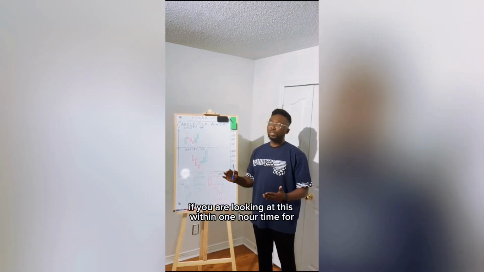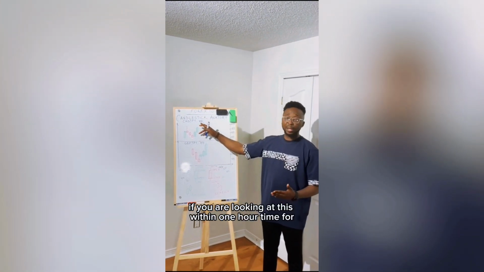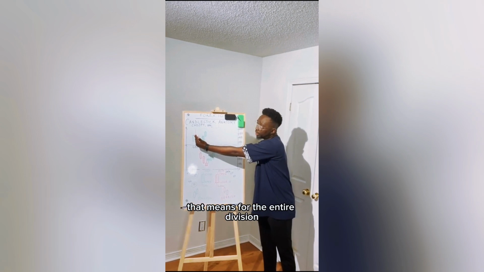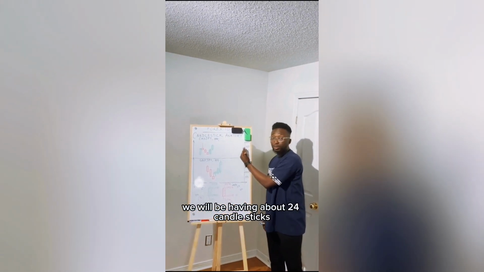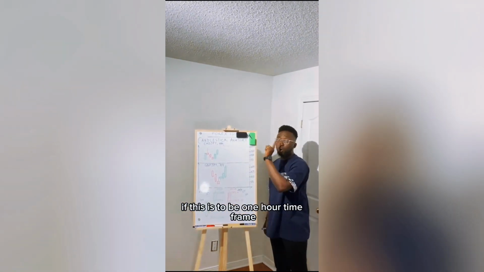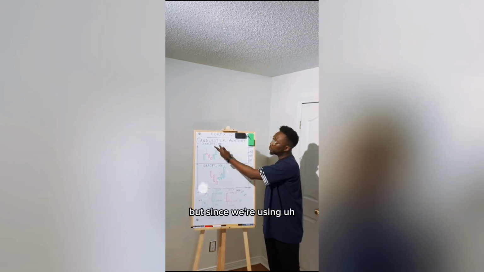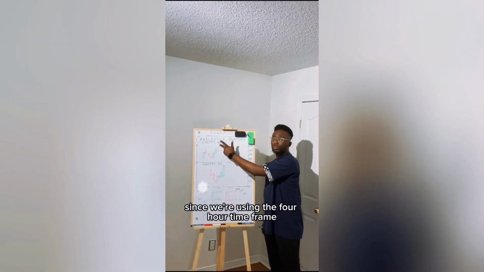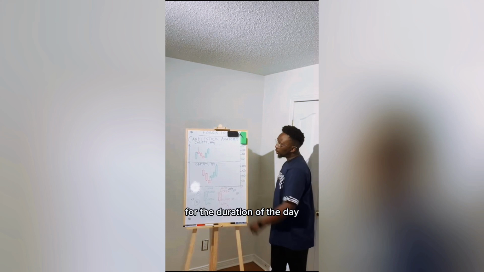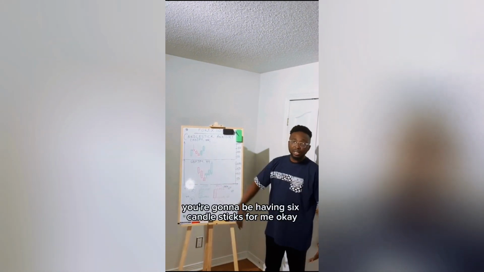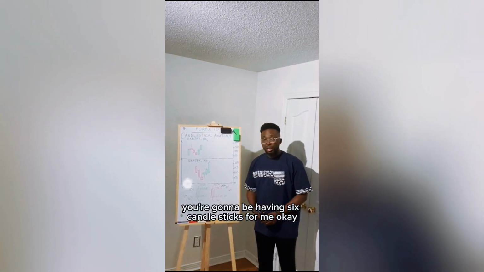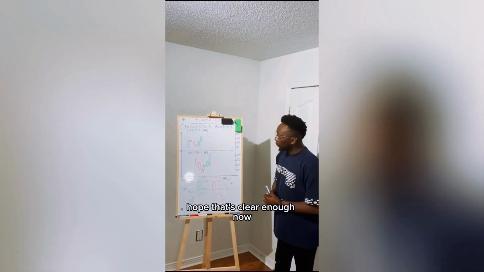Within a 1 hour time frame, for the entire day you're going to have about 24 candlesticks. But since we're using a 4 hour time frame, for the duration of the day you're going to have 6 candlesticks forming. I hope that's clear enough.